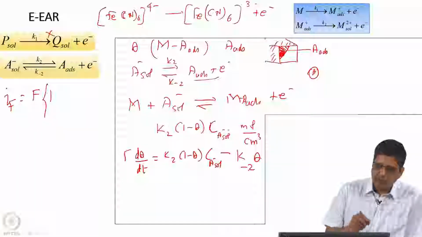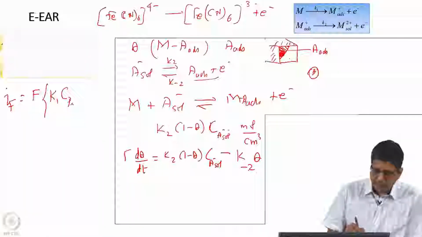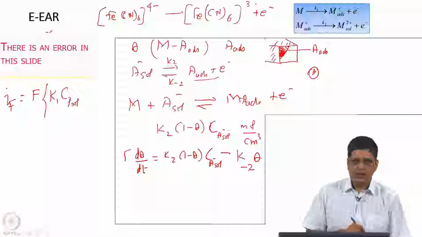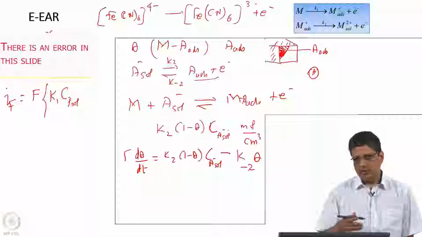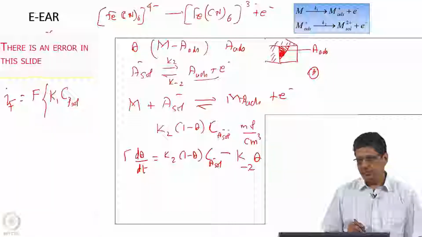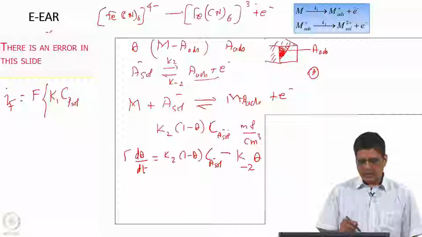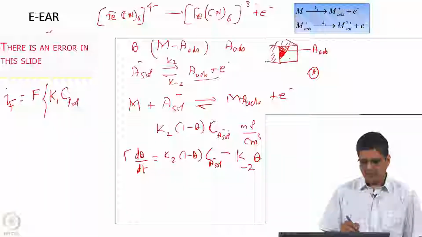What is the number of moles of electron produced by the first reaction? It depends on the rate constant K1, which depends on potential of course. It depends on the concentration of P in solution. That is going to give us 1 electron, therefore we are multiplying by 1, which means we are just leaving it as it is.